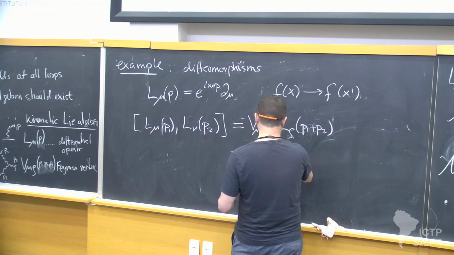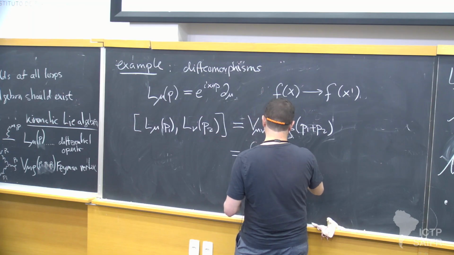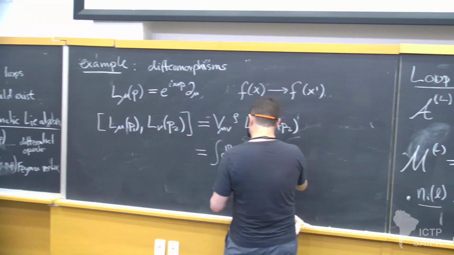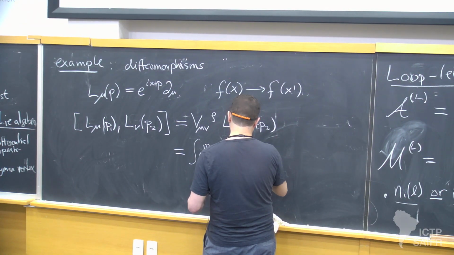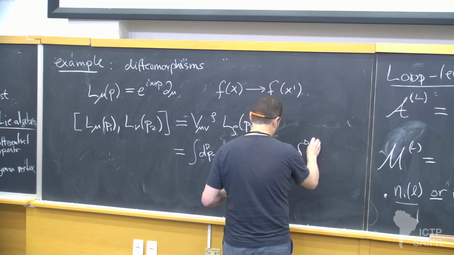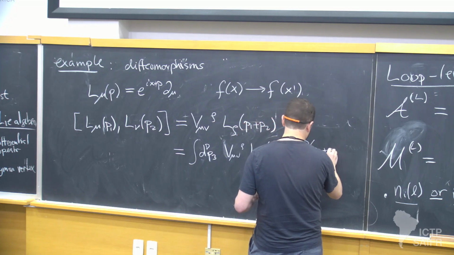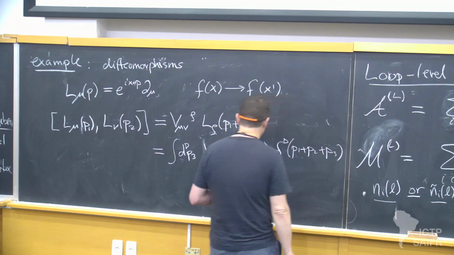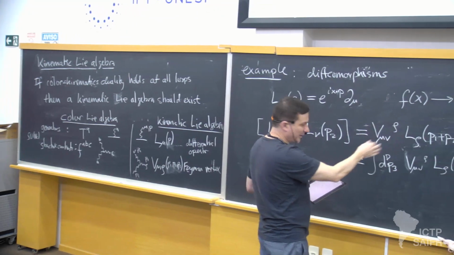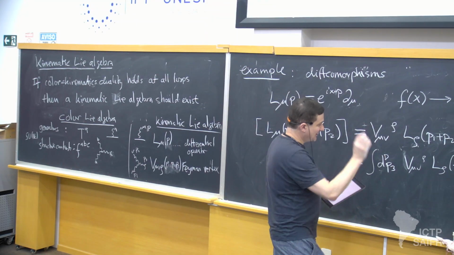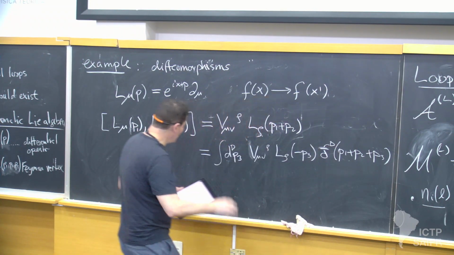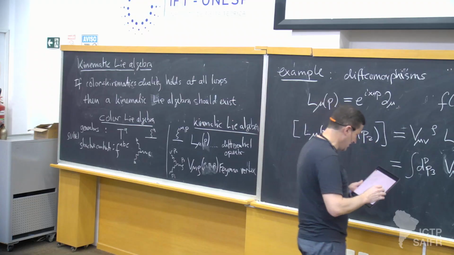V mu nu rho, L rho minus P3, and then a delta function of P1 plus P2 plus P3. That should be the same as this thing, modulo some factors of pi, which I dropped. Sometimes people do something like that to denote that I have removed the pi's.